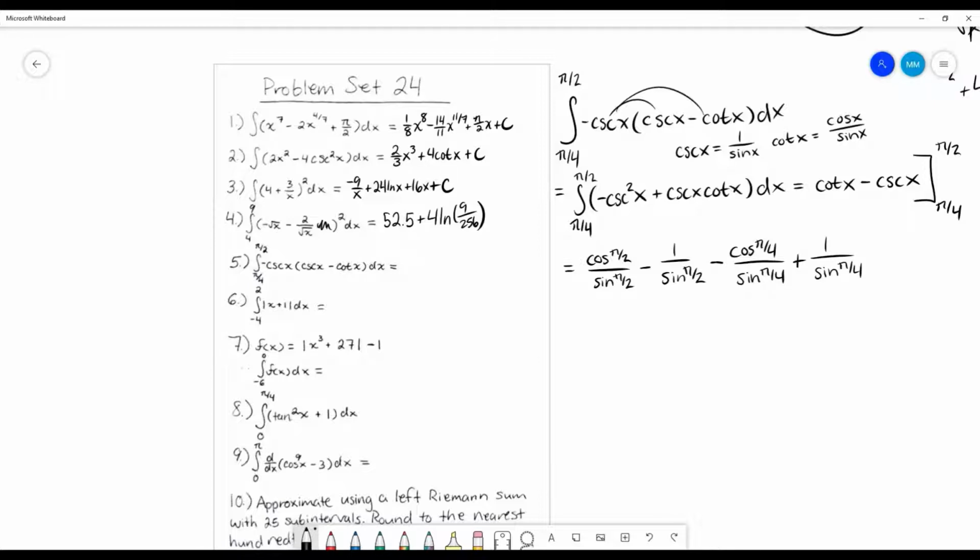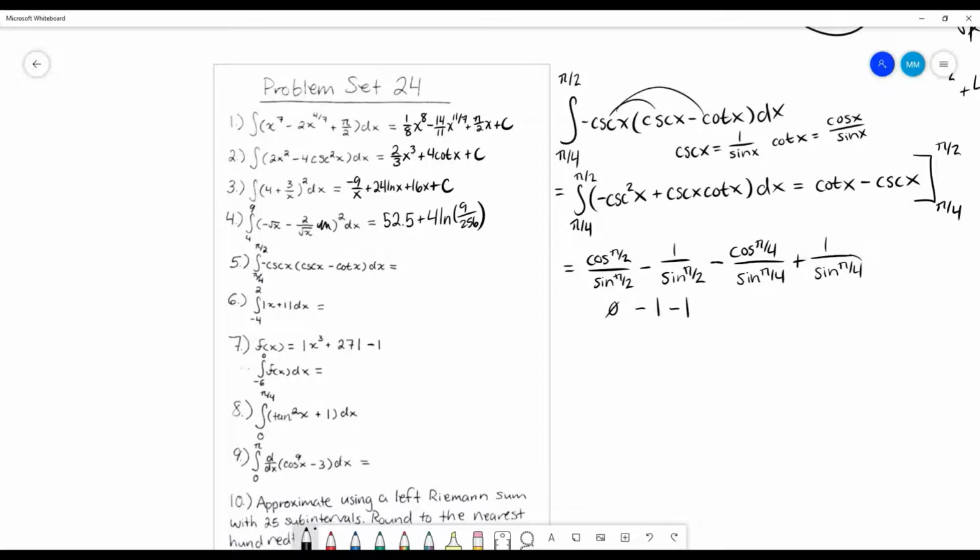Okay. Obviously, cosine of pi over 2 is 0. Sine of pi over 2 is 1. So this is 0 over 1, or just 0. Sine of pi over 2 is 1. So this is 1 over 1. So that's minus 1. Cosine of pi over 4 is square root of 2 over 2, as is sine of pi over 4. So if I divide that, that's just going to be a 1.